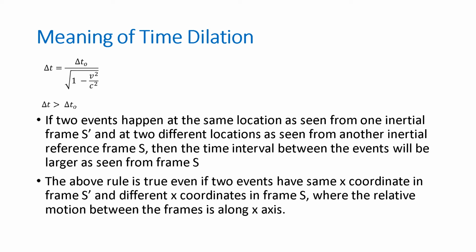So if the relative motion between the frames is along the x-axis, then delta t naught is the time interval between events according to the frame in which the events have the same x coordinate, and delta t is the time interval between the same two events from the other inertial frame of reference.